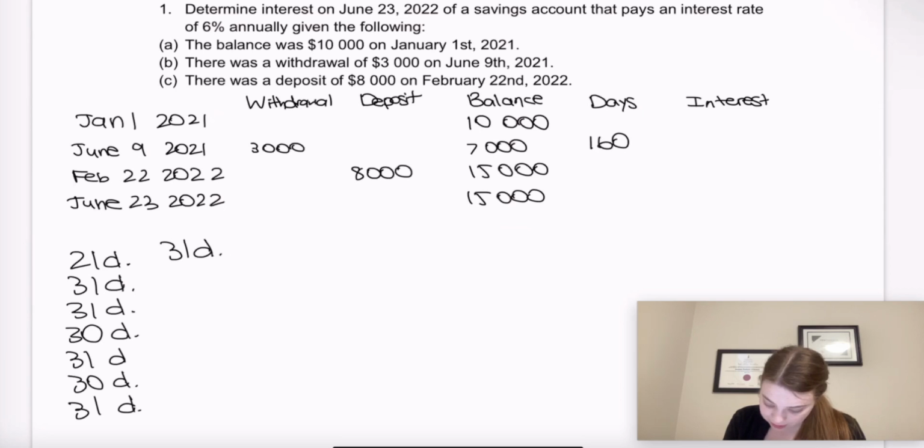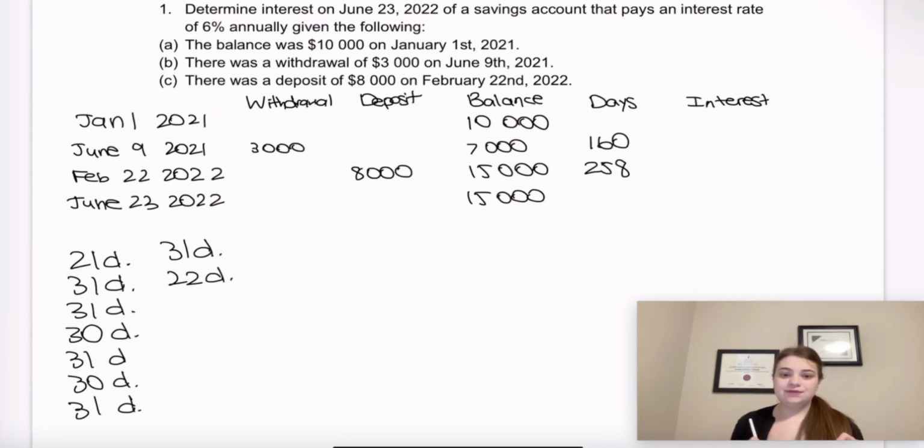And then for February, just 22 instead of the full 28 because we're going up to February 22nd. So I'm going to add all this up. 21 plus 31 plus 31 plus 30 plus 31 plus 30 plus 31 plus 31 plus 22 gives me 258 days. So there's 258 days between June 9th and February 22nd.